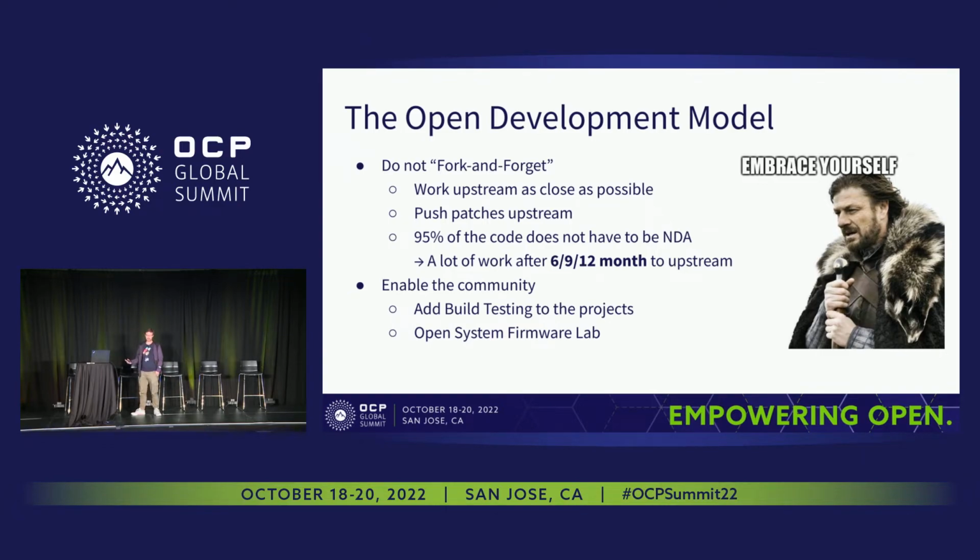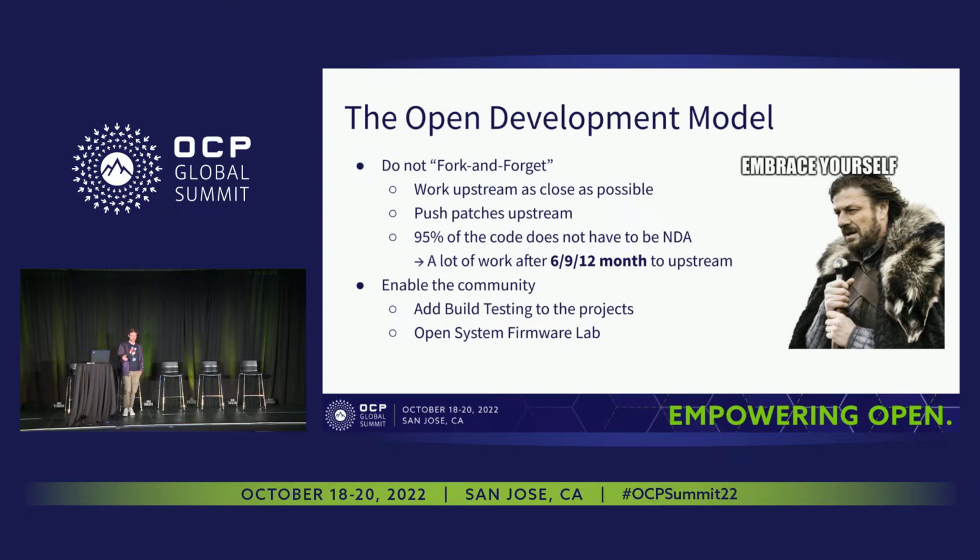The second thing that you should care about is to enable the community. That plays together with upstreaming your code as early as possible, right? Coreboot, for example, builds all mainboards in the tree. So that means they at least do build verification for you. If the project moves on and new features get developed, at least the project makes sure that the code still builds for your board.